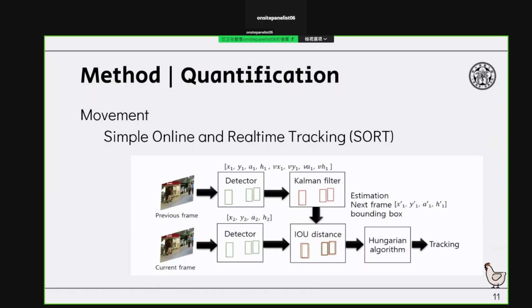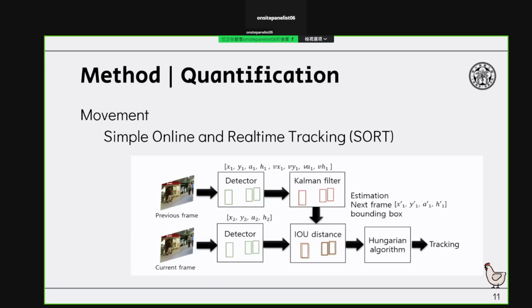To quantify their health condition, we find two indices. One is the movement, and the other is the dispersion. For the movement, we use the simple online real-time tracking model. This model uses two components: one is the Kalman filter, and the other is the Hungarian algorithm.